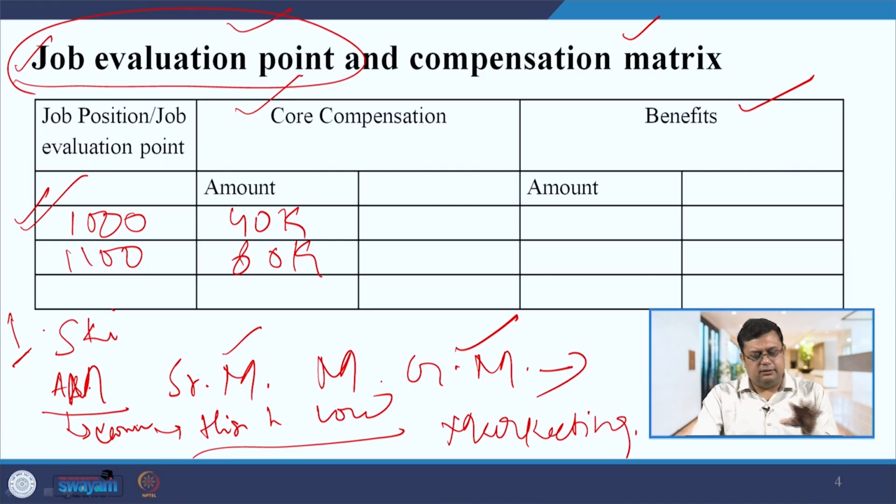So, this method may help you to calculate the compensation also, according to the job worth, and then based on that job worth you can decide the salary structure also. One more thing that you can do after the job analysis is compare the salary.